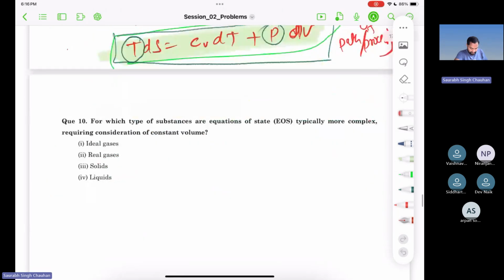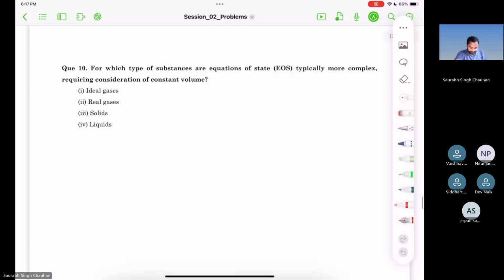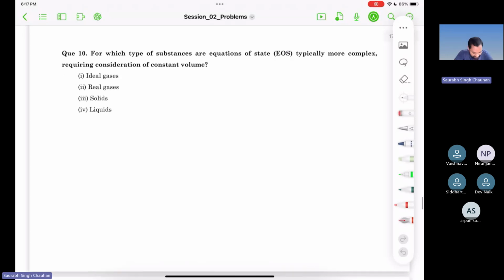Next question, question number 10. Question number 10 says, for which type of substances are the equations of state typically more complex, requiring consideration of constant volume? Ideal gases? No, for ideal gases, the equation of state is really simple, right?